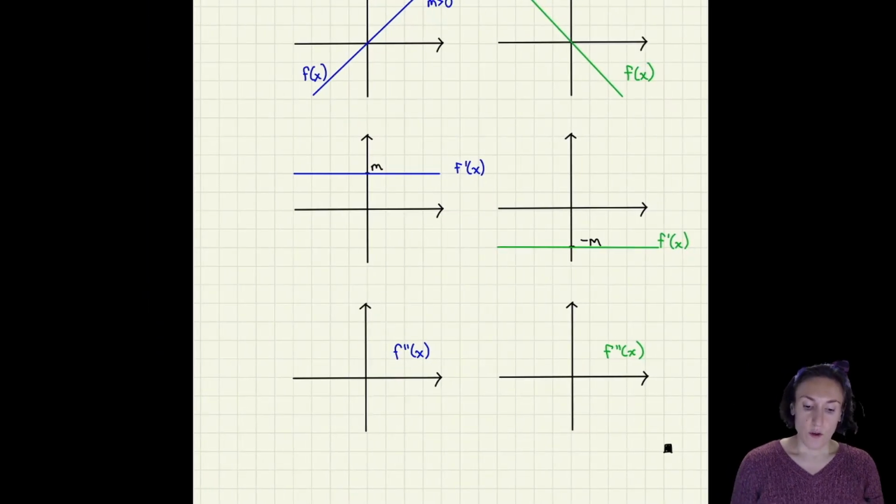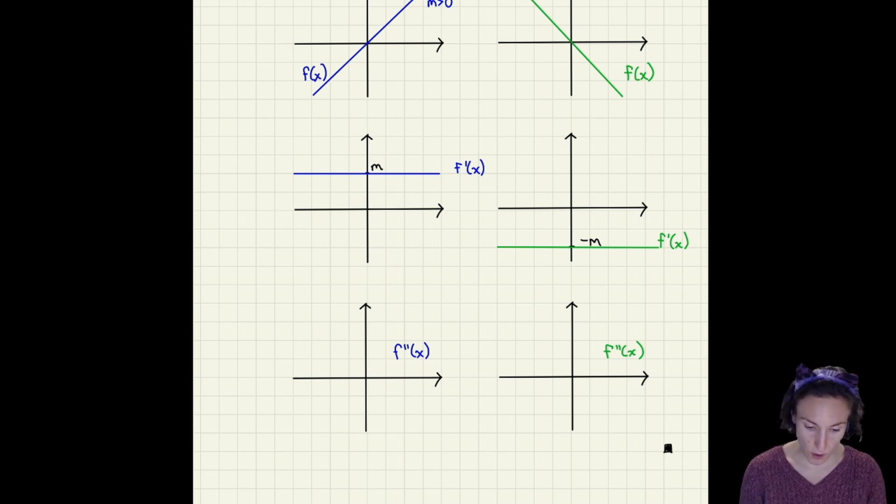Now, if I differentiate a constant, what do I get? I get 0, and I would get 0 at every point. So if I differentiate here, I would get 0. If I differentiate here, I would get 0. Here I get 0, and so on and so forth. So when you differentiate a horizontal line, it's just going to give us 0 for every single x value.